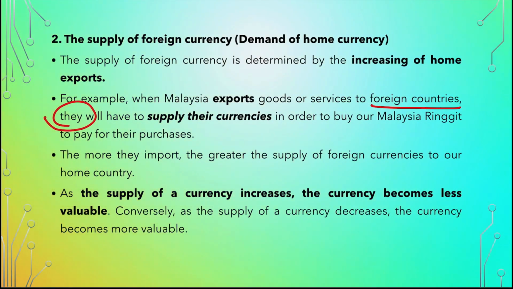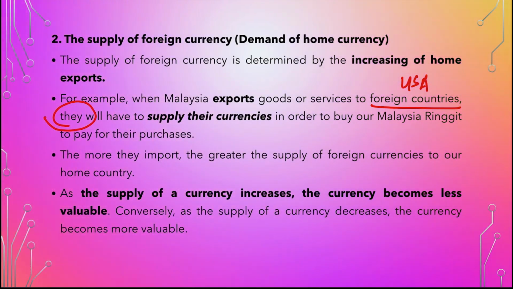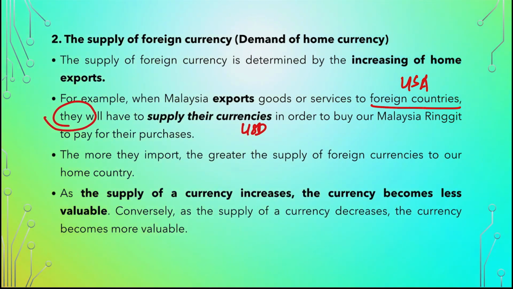Okay, I give you another, simpler explanation. When Malaysia sells goods or exports goods to USA, they will supply their currency, which is US dollar, to buy our Malaysia ringgit to pay for their purchases.